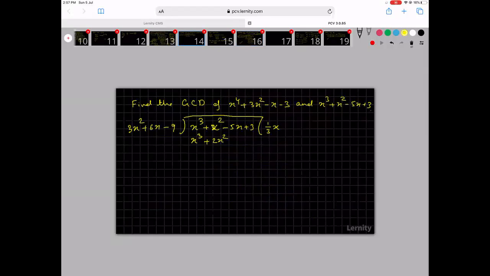2x square minus 3. Now when I subtract them, I'll get minus 2 minus x square, then I'll get minus 5x plus 6, right?